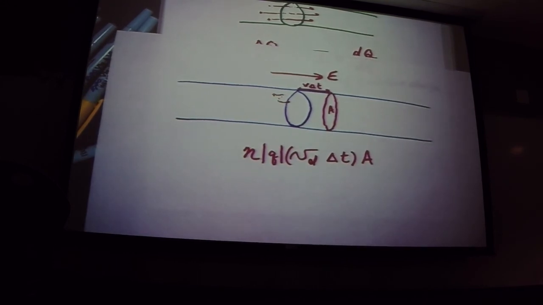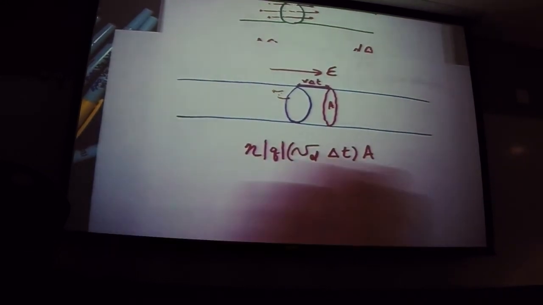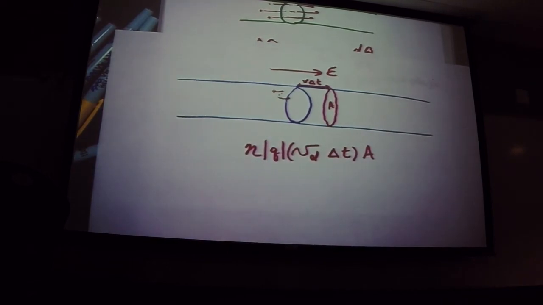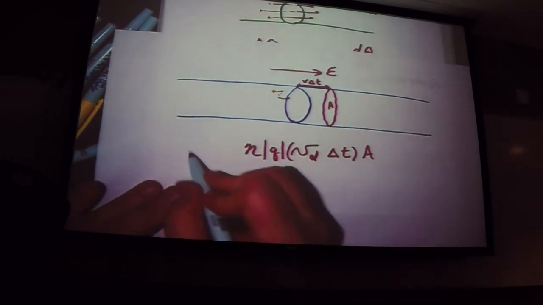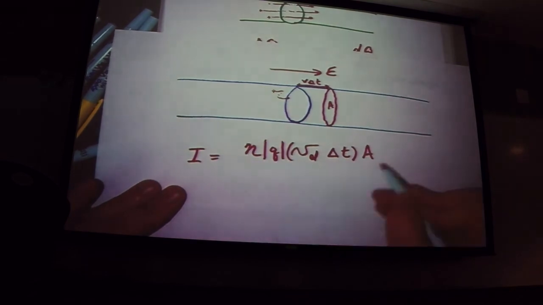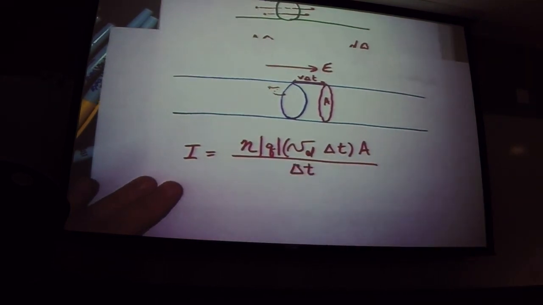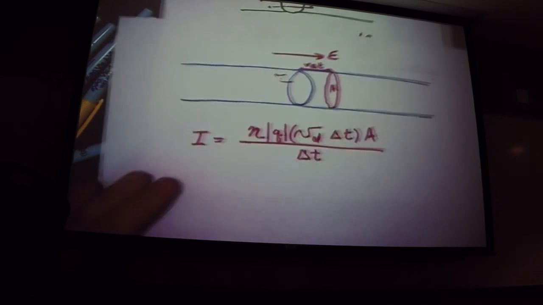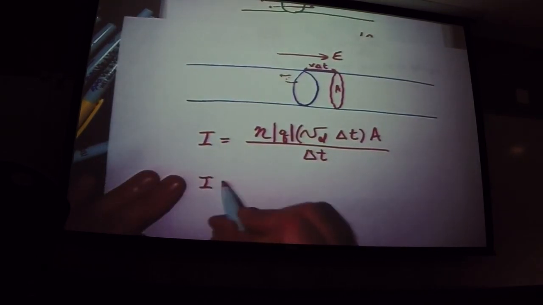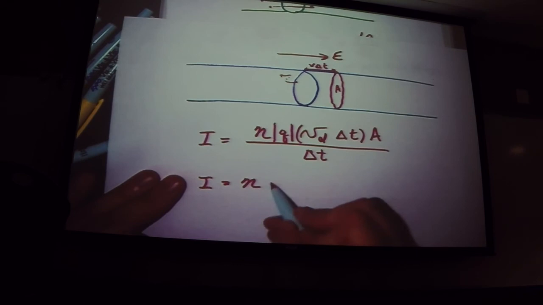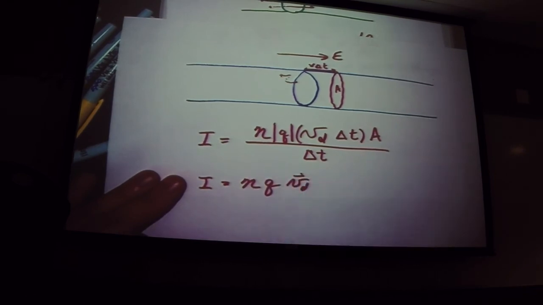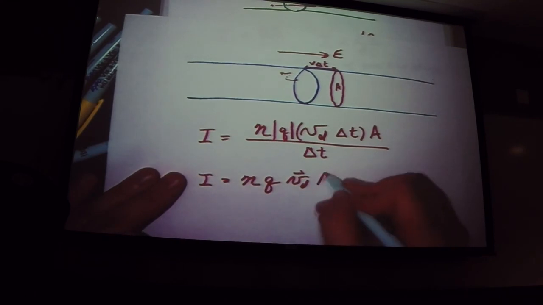Now, the problem is there's too much stuff here that depends on that. So we've got current equal to Q, my charge, divided by delta t. So I can divide out the delta t's. My total current in this wire is equal to n q, I'll just assume it's positive, Vd, the drift velocity, multiplied by the area.